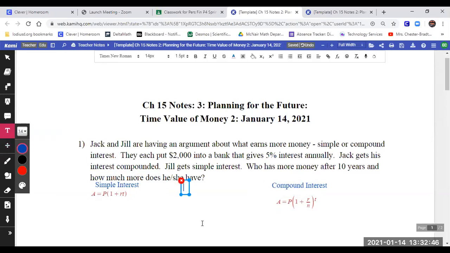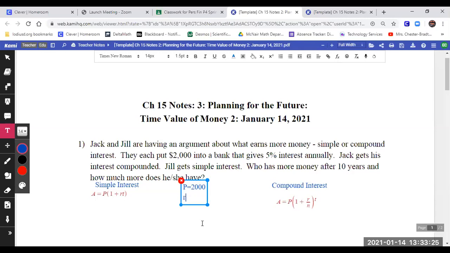What is the principal number for this problem? $2,000.